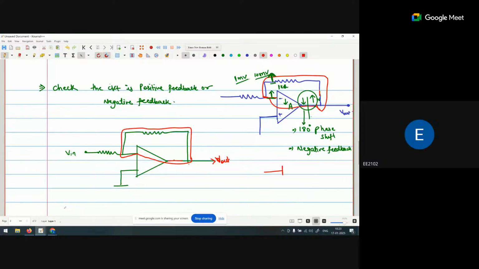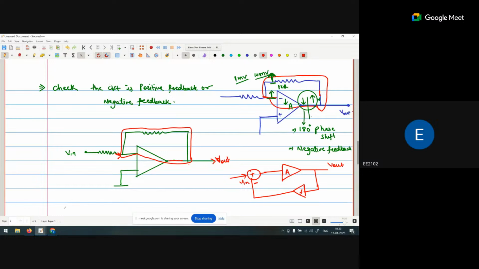If you compare this signal with this diagram, A, V out, it will be going back multiplied by the feedback circuit, and it will be subtracted from V in. So this is V in, and V in is coming from this point.